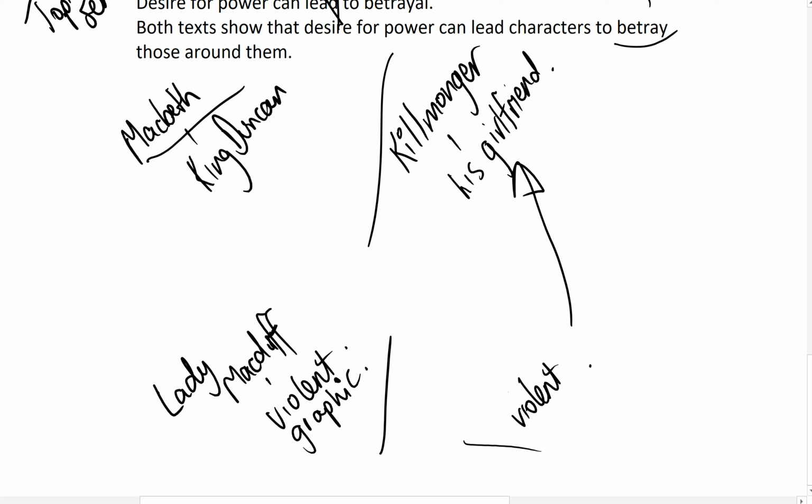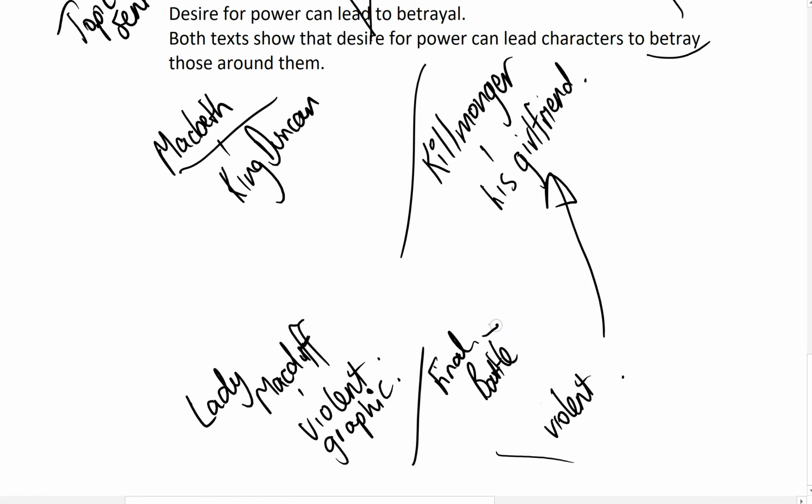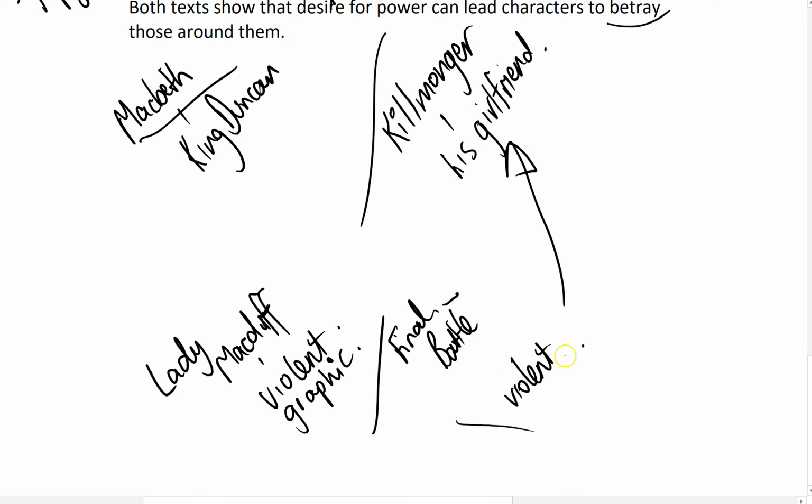It could be the final battle. It could be the destruction of the heart-shaped herbs, perhaps.